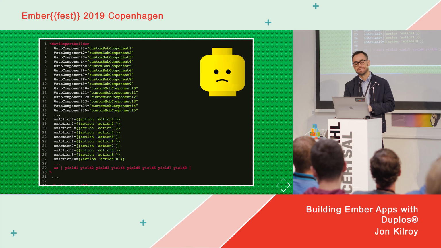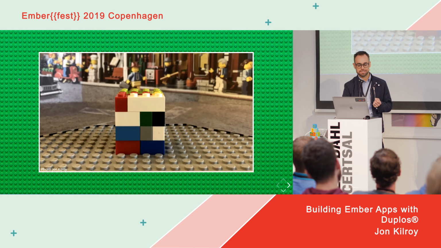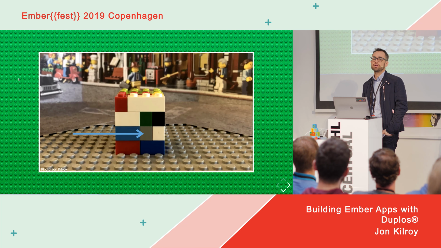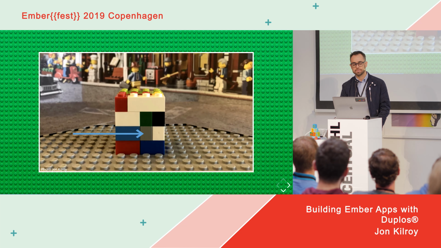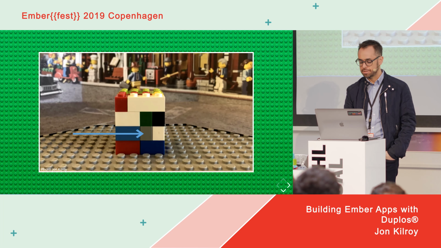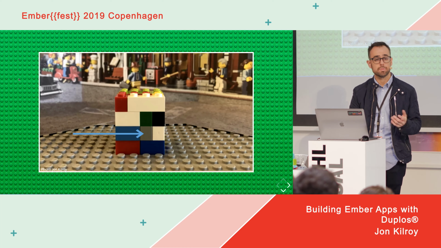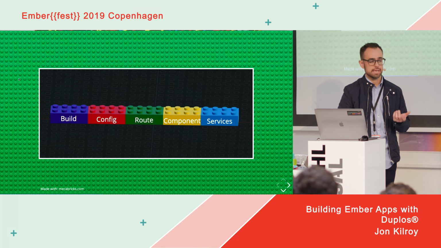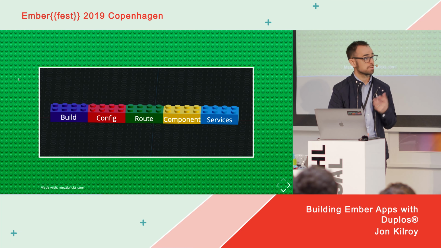This is terrible. And what's really difficult is when you want to customize something deep within the core of the library, right? That's really difficult to access. So we need to look at a different way to customize, a different pattern. And it turns out we can just look at how Ember wires your app. Because as we know, Ember has so much that comes out of the box.